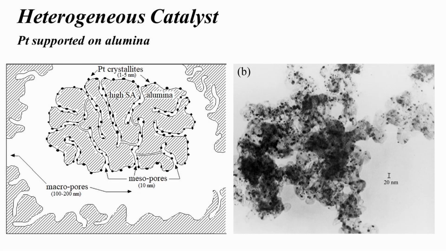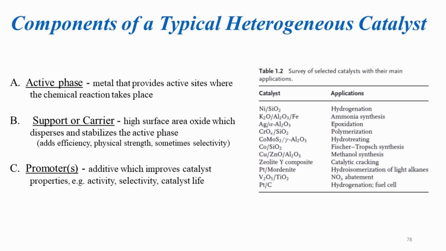Supported catalyst consists of a catalytically active phase dispersed over a support. This is the most important class of solid catalyst. The catalyst uses supports such as silicon oxide or aluminum oxide, and the active nanoparticles consisting of metal, metal oxide or metal sulfide with a size typically from 1 to 10 nanometers.